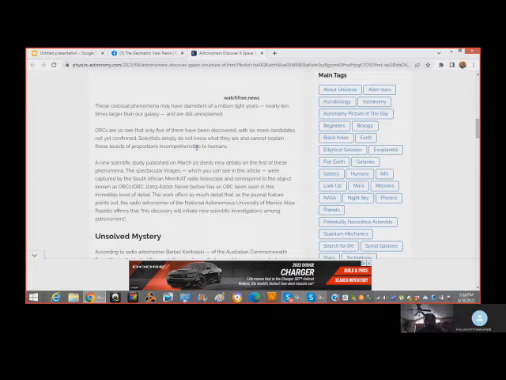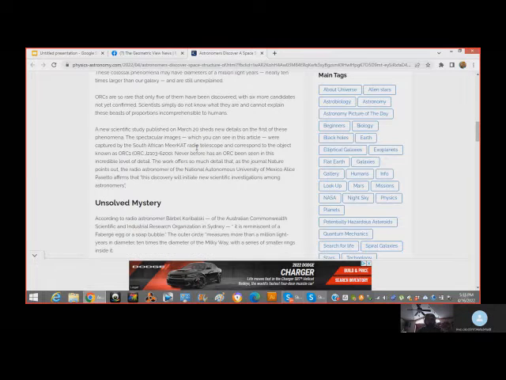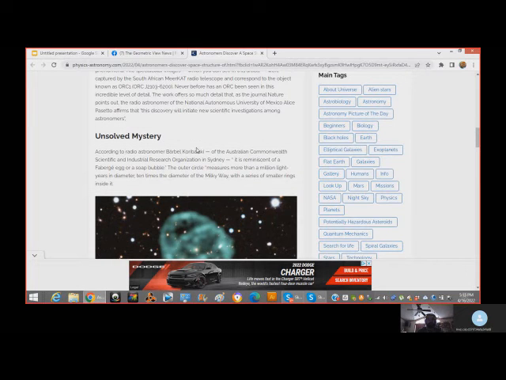The work offers so much detail that the journal Nature points out the radio astronomer of the National Autonomous University of Mexico, Alice Pasetto, affirms that the discovery will initiate new scientific investigations among astronomers.